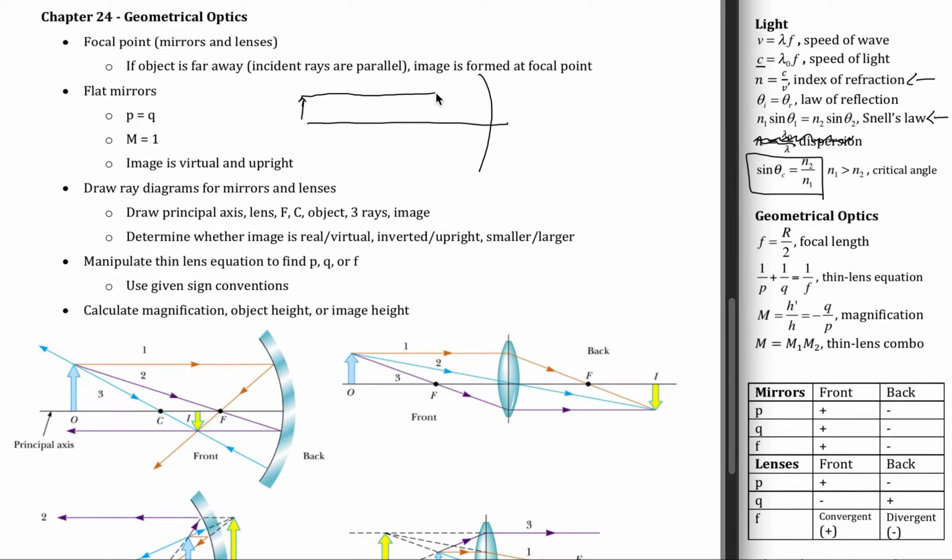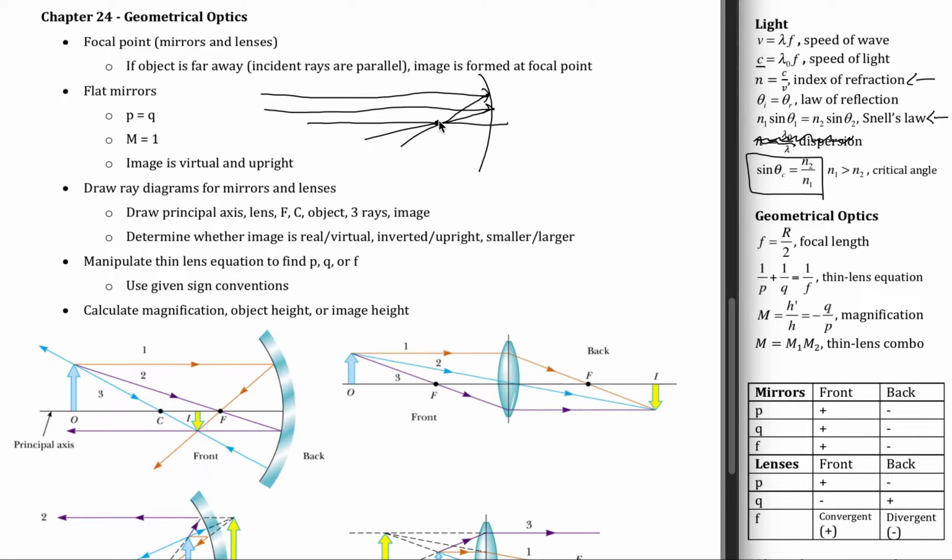So again, the object is very far away. We don't really see it on here, but we have these incoming rays that are parallel. And all of these incoming rays, when they hit the mirror, will reflect through that focal point.